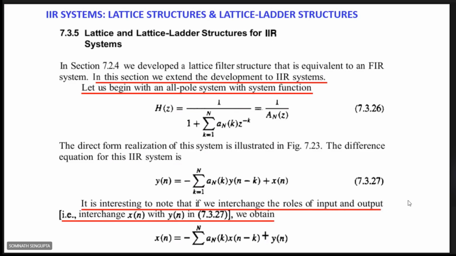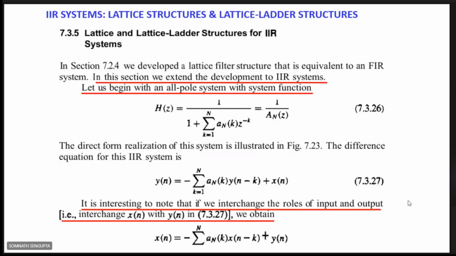So it is an all pole structure mainly. If only the denominator polynomial exists, then all values of roots are poles. So it is an all pole system. So this is the difference between FIR and IIR system.